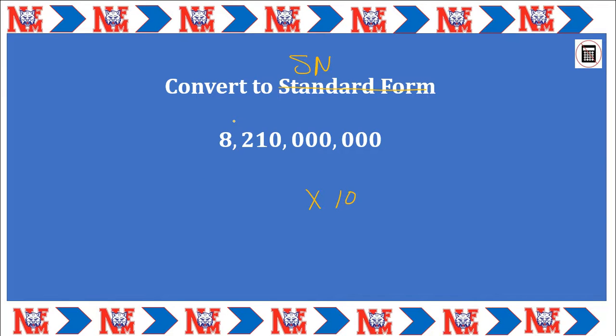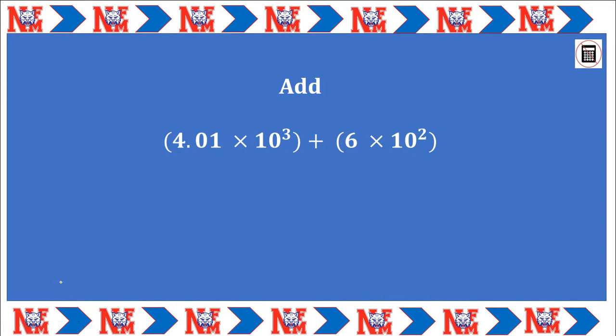Okay, so our stopping point is going to be here for our decimal because, again, you want one digit to the left. So 1, 2, 3, 4, 5, 6, 7, 8, and 9. So I have an exponent of 9, and our coefficient is 8.21.